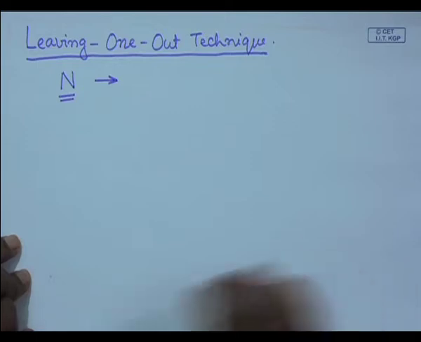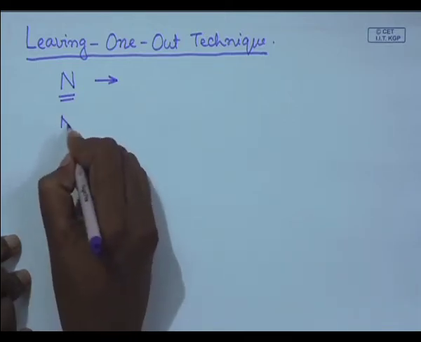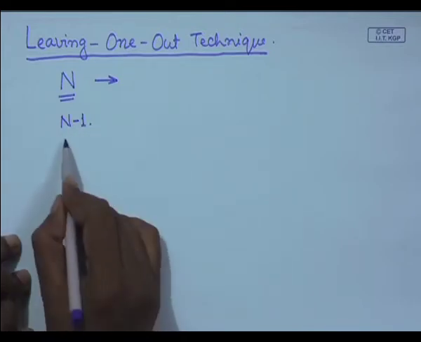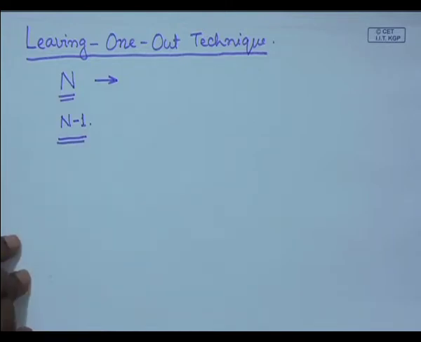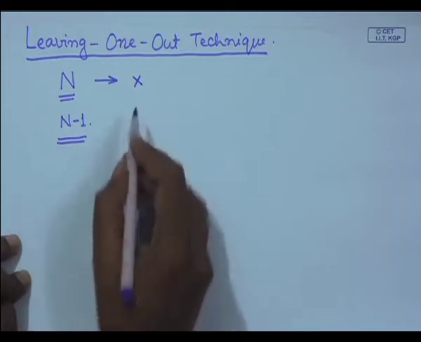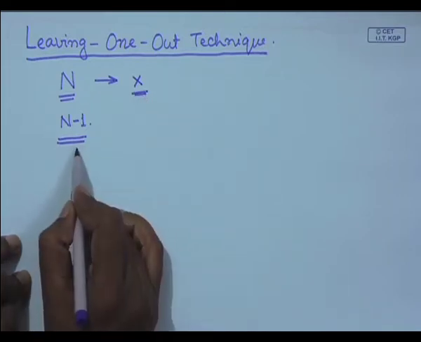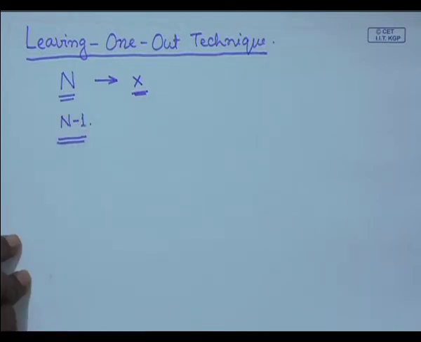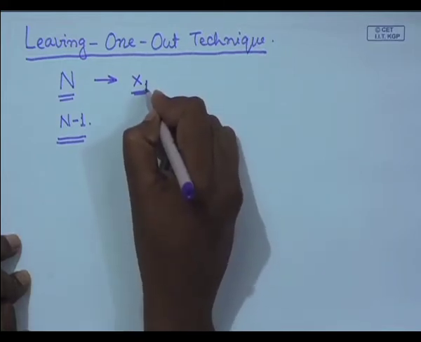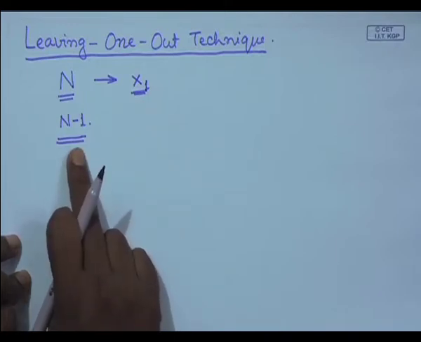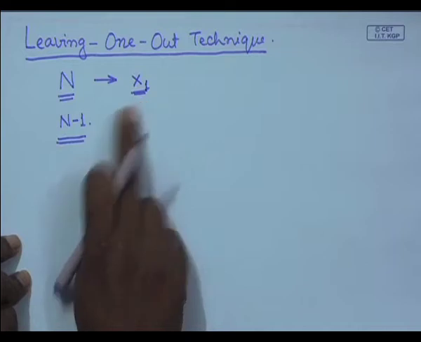If I set aside one of the training samples, I am left with n minus 1 training samples. You design your classifier using these n minus 1 training samples, and the sample x which you had left aside, you use for testing the classifier. Suppose this is x 1 which I had left aside: using all the samples other than x 1, I train my classifier and use x 1 to test the classifier.